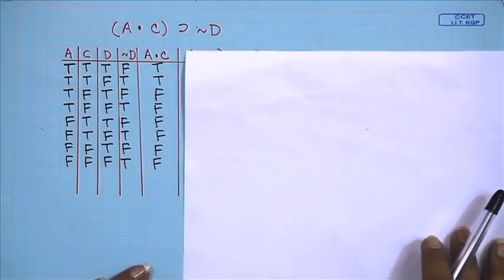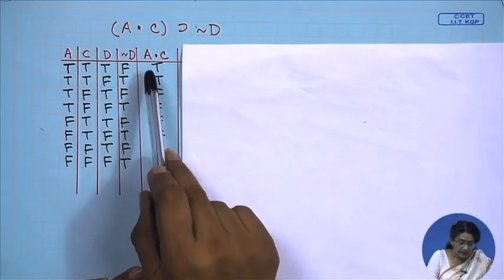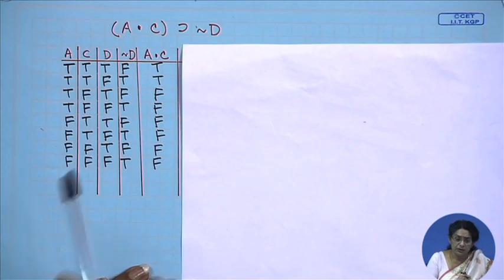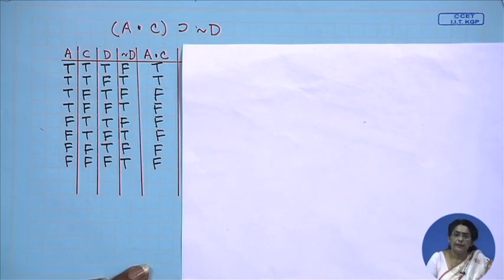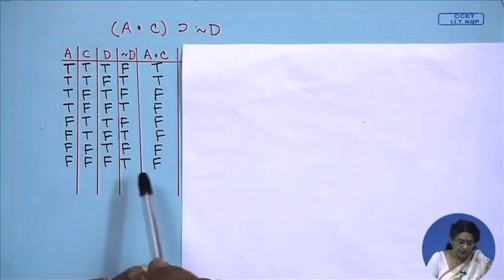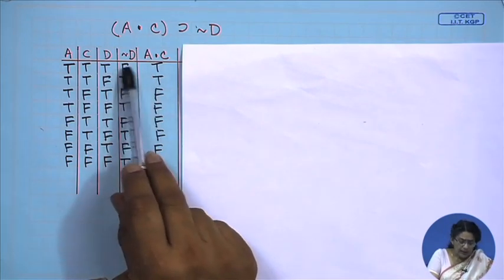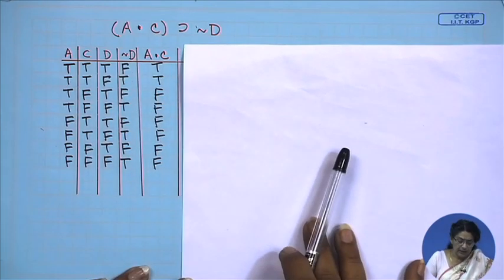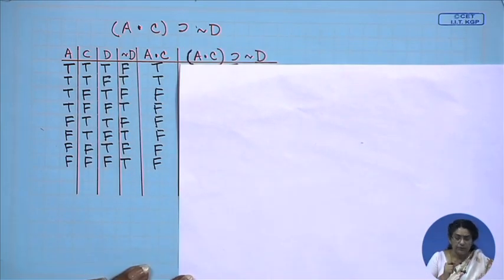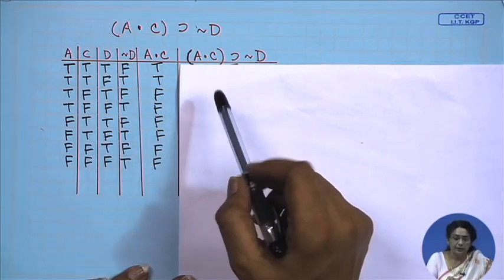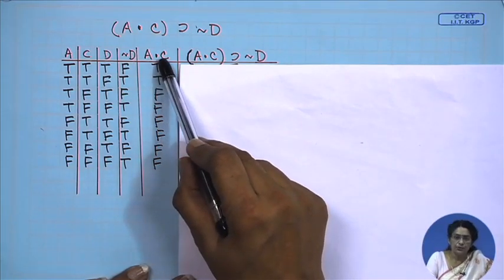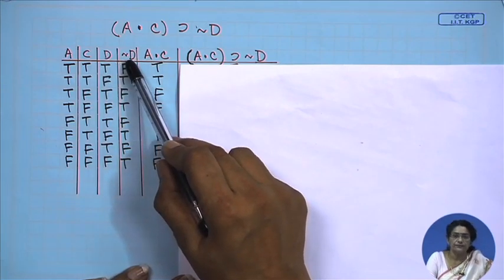So, A dot C, the column looks like this. Conjunction is true only when both conjuncts are true, otherwise the return value will be false. Now, we are comparing these two columns to see what to put under the horseshoe. Let us remind ourselves that the horseshoe is false only when the antecedent is true and the consequent is false.